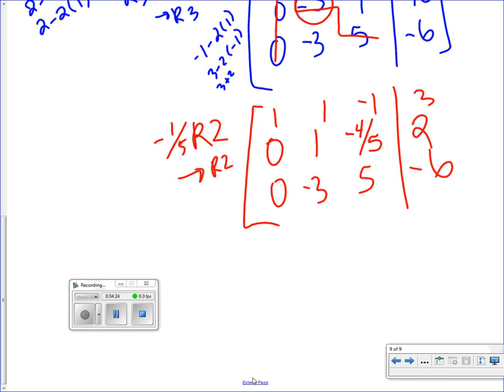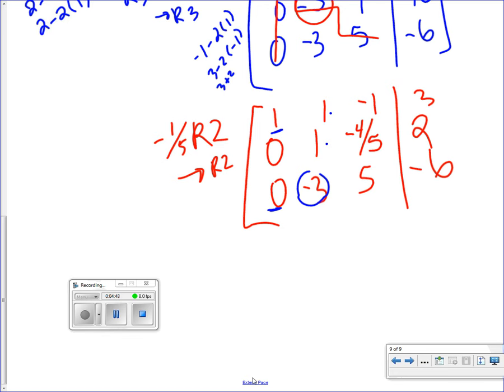Okay, now let's work on this negative 3. We're trying to get everything in the second column to look like our REF. So we have negative 3. If we could add 3 to that, we would get 0. So we could get 3 by either multiplying this one or this one by 3. But be strategic. You worked really hard to get the 0 here. If you use the first row, it'll mess up your 0.